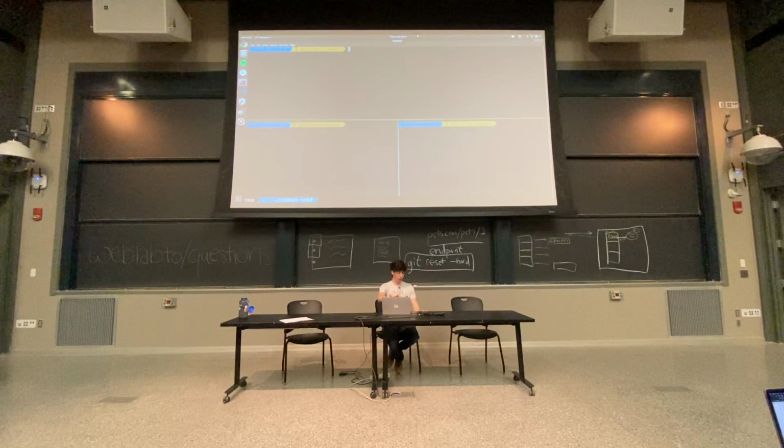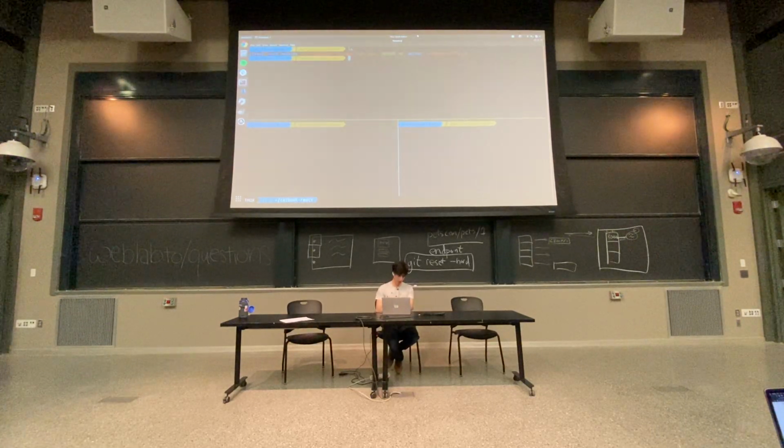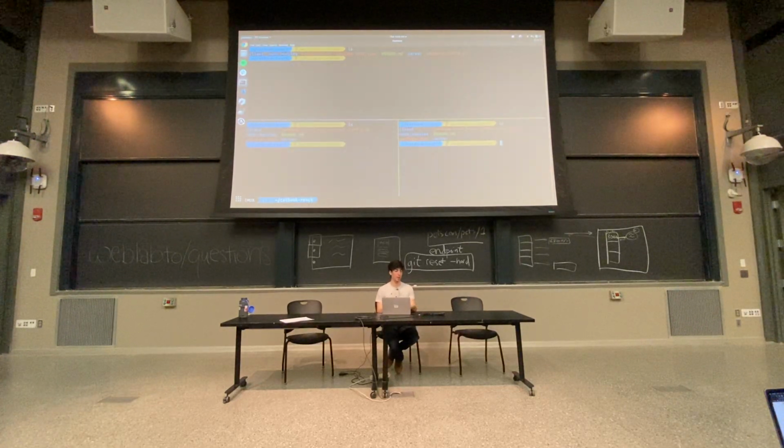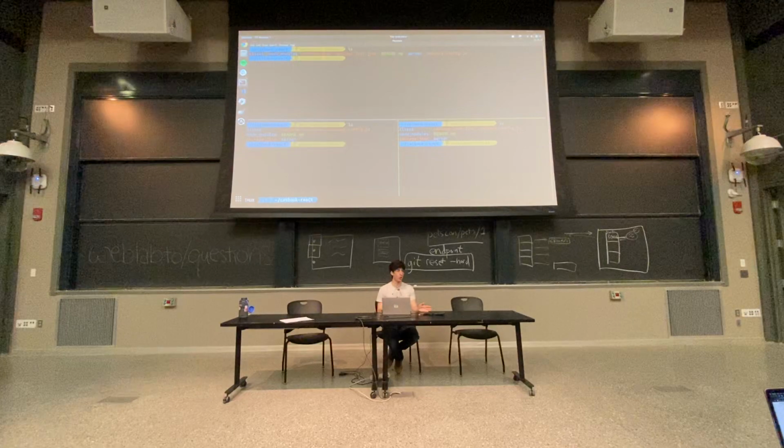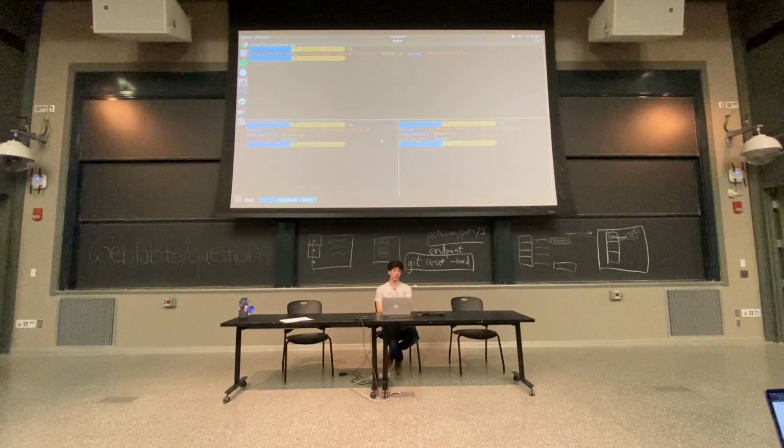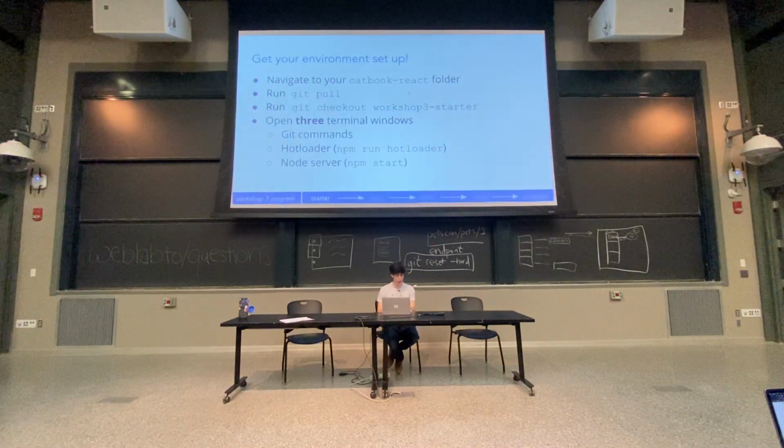All I have is 3 terminal windows open at the same time, such that I can run commands in all 3. I'm going to run my hot loader in one, my server in another one, and my Git commands in a third one. So that is what my setup looks like.